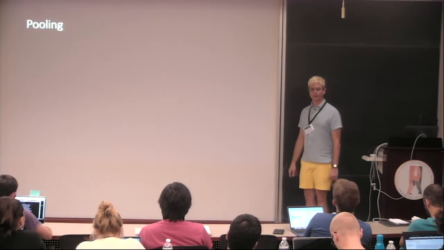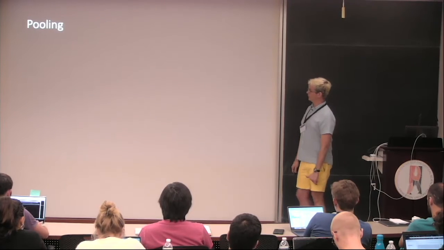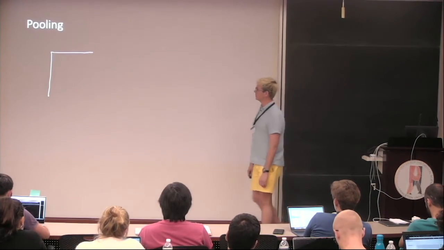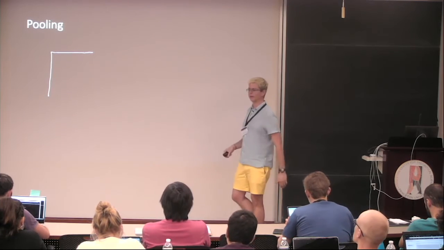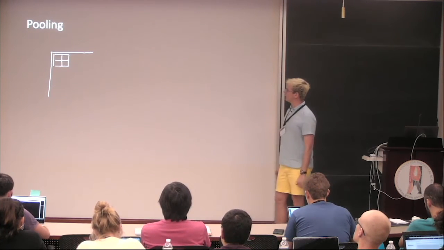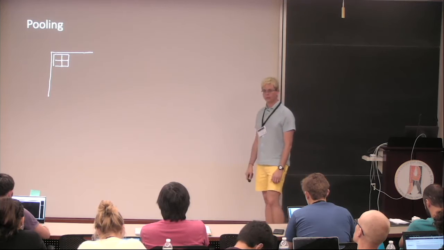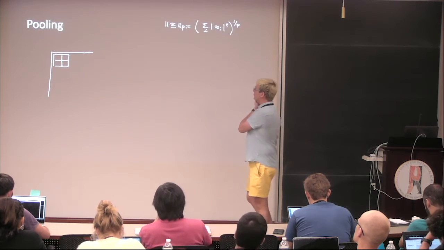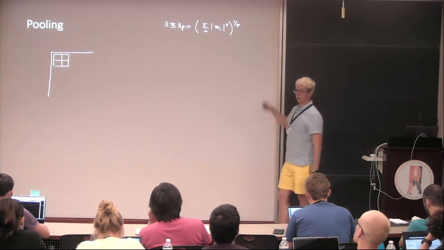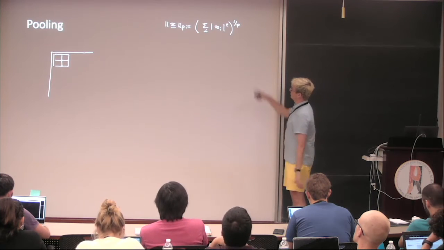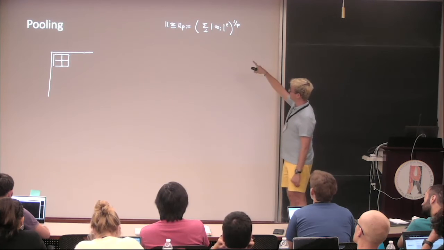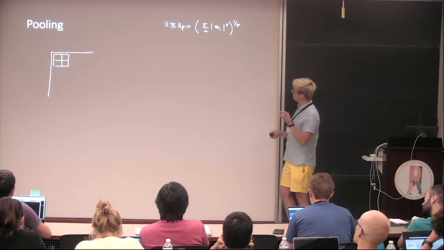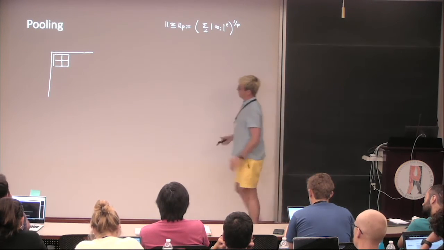So pooling, I said, right? What is pooling? Let's start by drawing something. I've just drawn the top corner of my kitten picture. So here I can represent my 4 pixels in the top left corner. I can get those pixels and compute the p norm. What is the p norm? It's just that thing there. It's the p-th root of the summation of each element raised to the power of p.